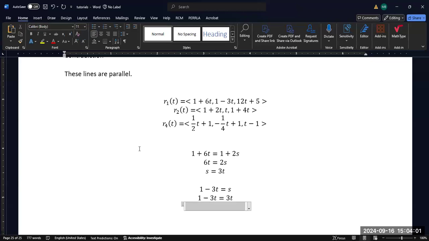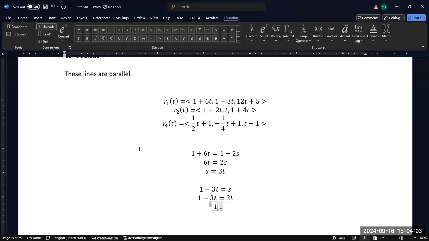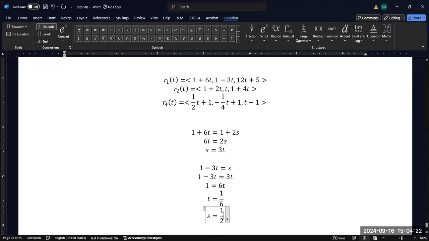And we can see that we're going to get 1 equals 6t, and therefore t is equal to 1/6. If t is equal to 1/6, that means s has to be 3/6, which is 1/2.